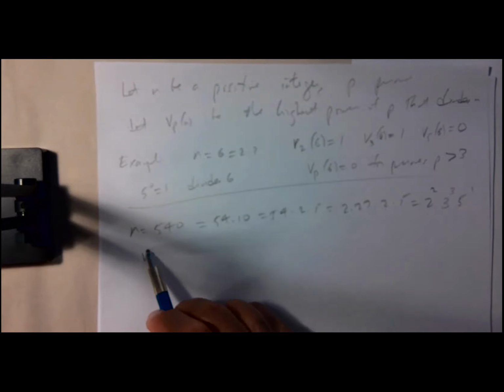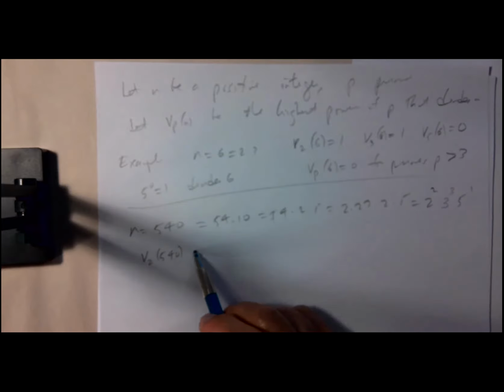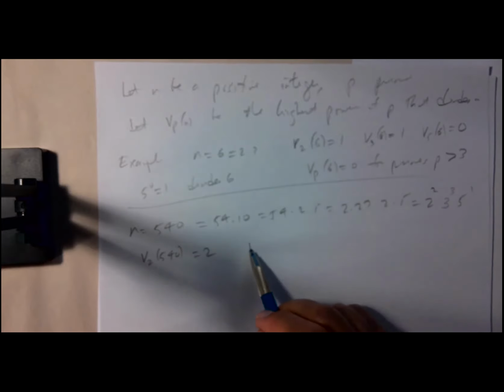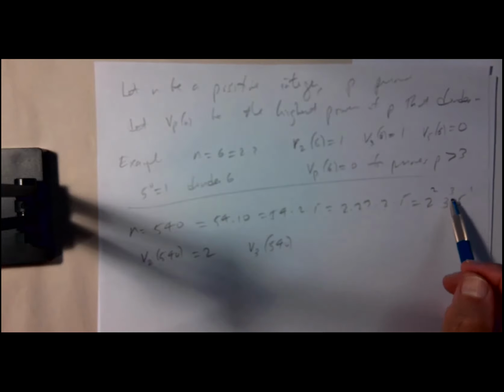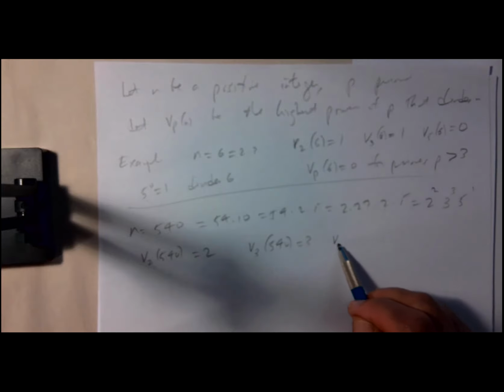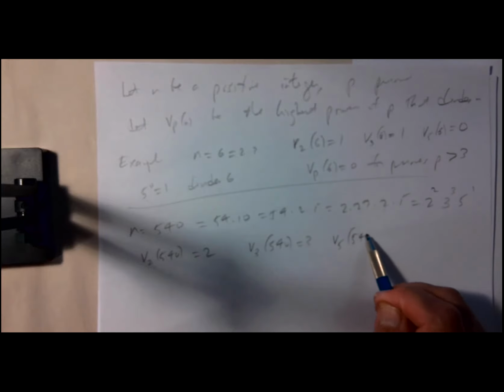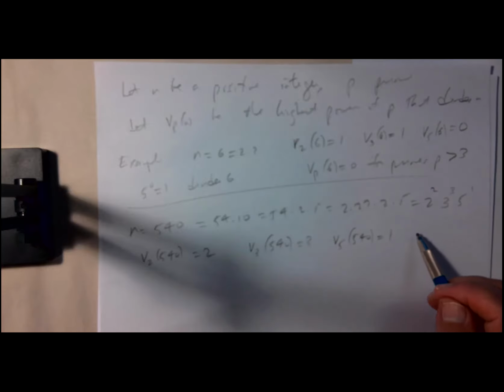So for this number, 540, v sub 2 of 540, the highest power of 2 that divides 540 is 2. The highest power of 3 that divides 540 is 3. The highest power of 5 that divides 540 is 1.